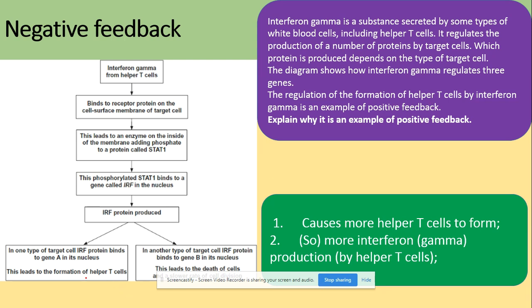The helper T cell leads to the formation, because we've got this interferon gamma, of more T helper cells. So more interferon gamma will be produced. The example before was to stop something; this is to produce more.